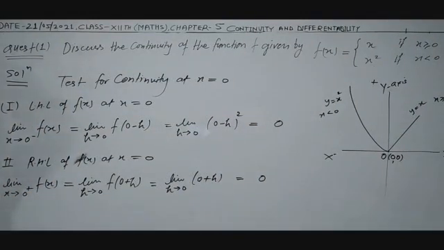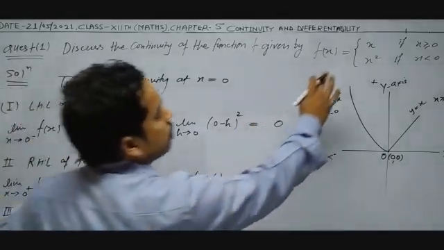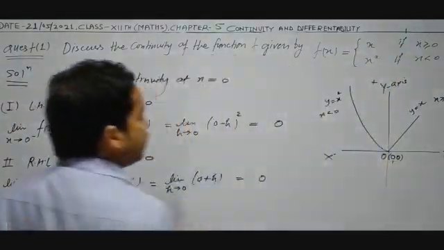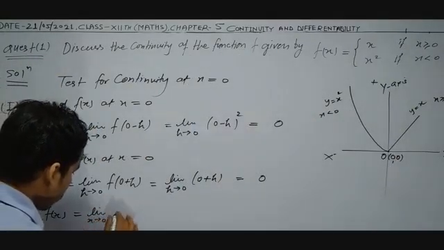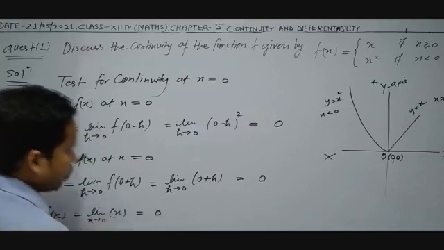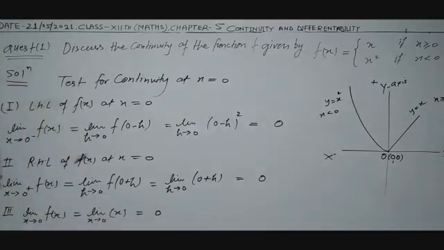Now see the value of the function at the given point. Third is limit x tends to 0 f(x). This is the value of the function at the given point, and for x greater than or equal to 0 you will consider f(x) = x, so the result will be 0. From these three steps, left hand limit, right hand limit and the value of the function at the given point are equal, so the function is continuous at the point 0.